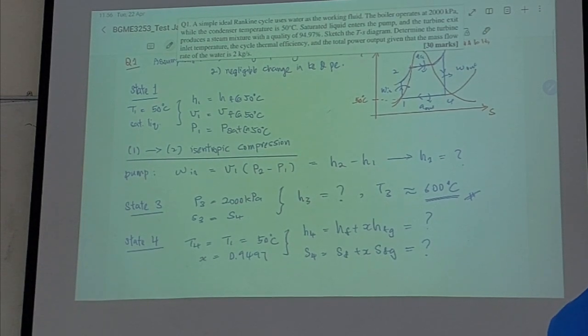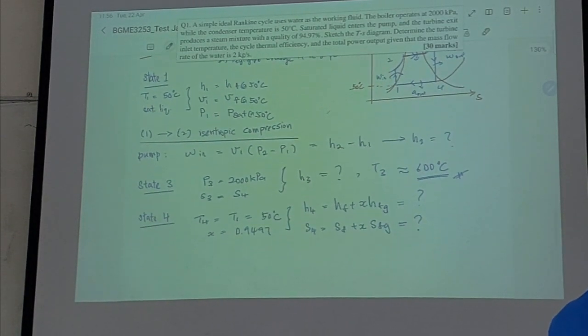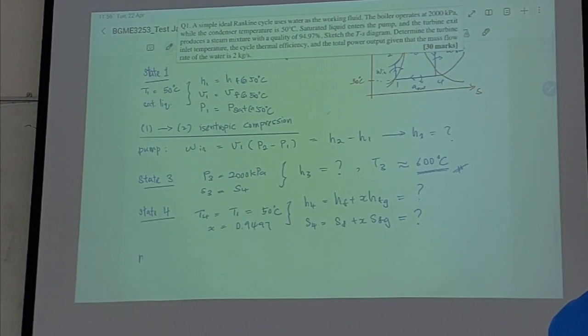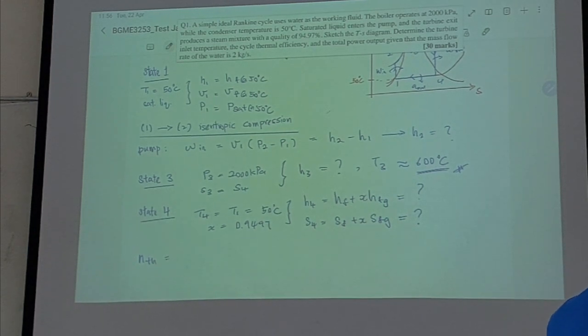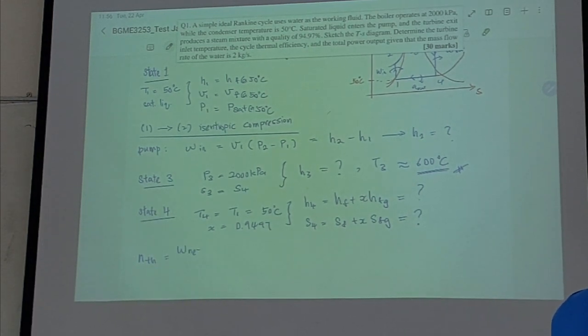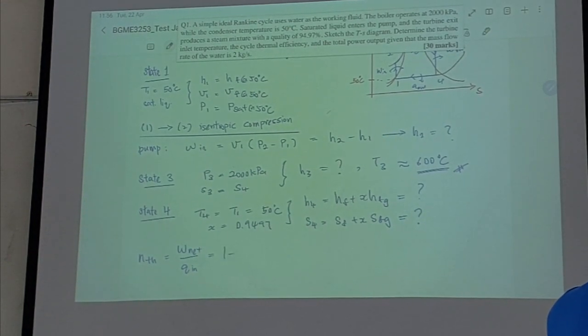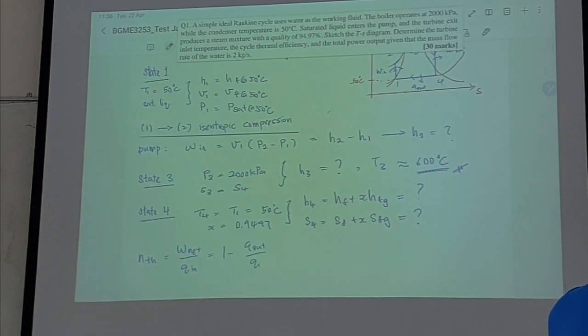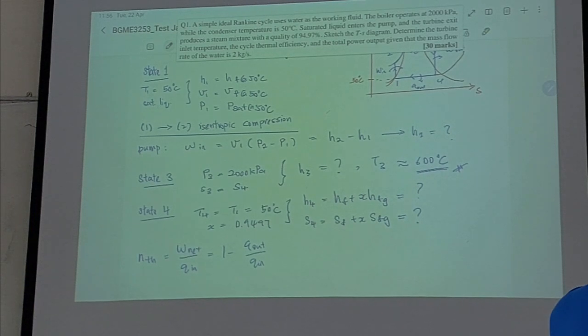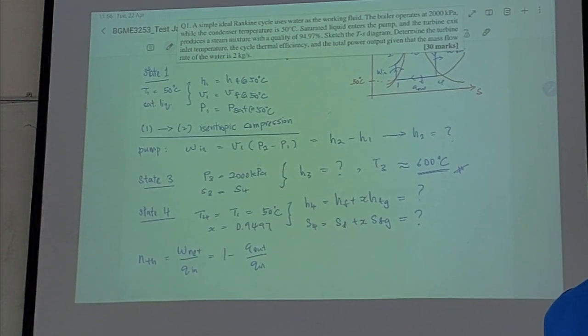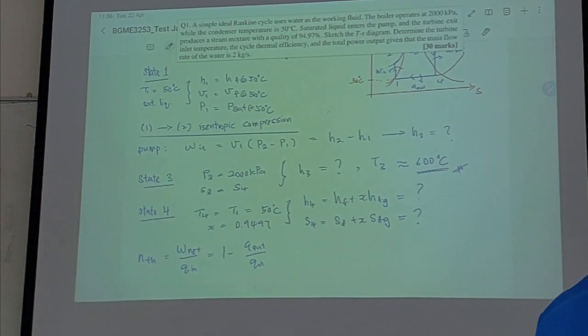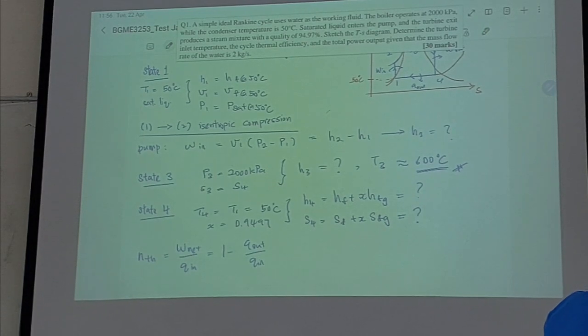So of course, if you manage to reach this state, then the rest shouldn't be any issue. So thermal efficiency is just, you can use net work over Q in, or you can use 1 minus Q out over Q in. These two are fine. You just need to find the net work and the Q. So if you use net work, you need to find work out, because the work in is in the first question, right?